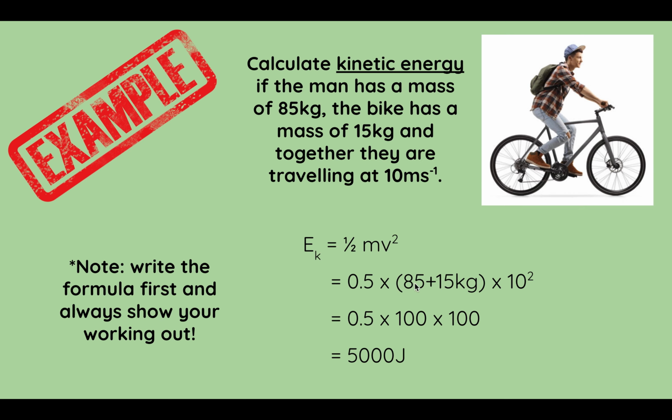So I've added the mass of the person and the mass of the bike together to get 100. And then I'm going to do my speed 10 squared. So 10 squared is 100. My total mass is also 100, and I'm timesing it by 0.5. And if I do those multiplications on my calculator, I should get 5,000 joules because it's a type of energy.